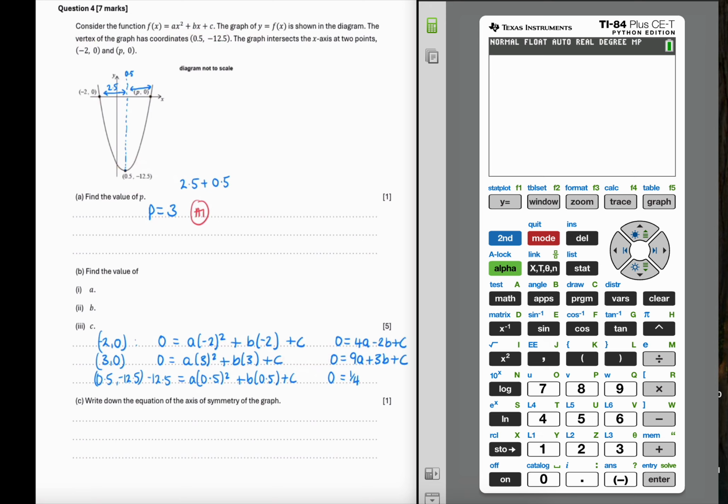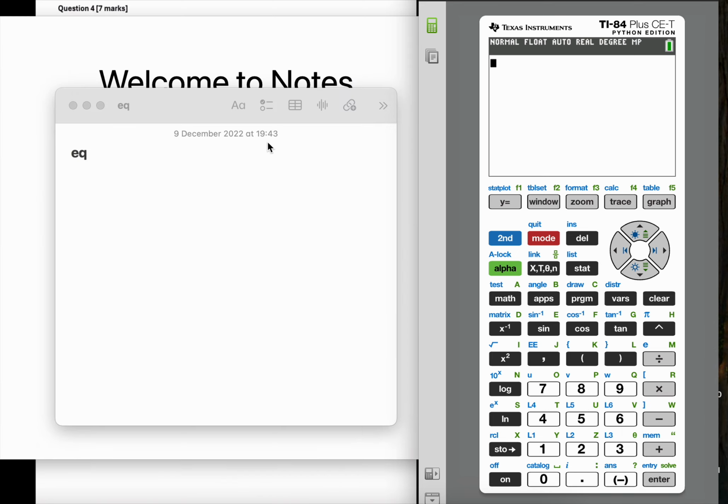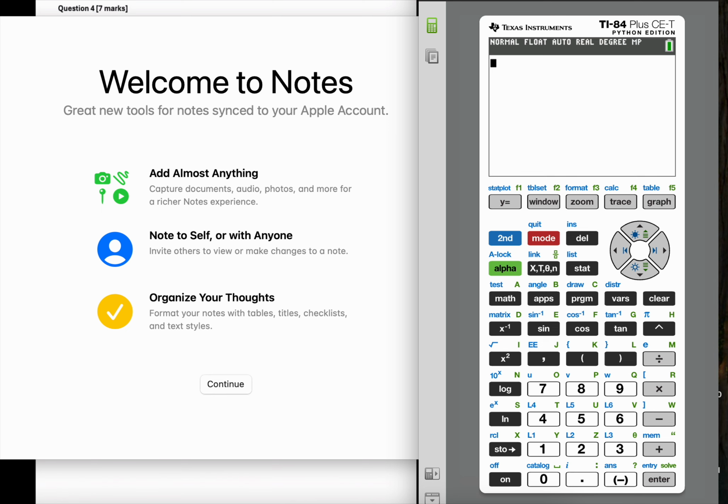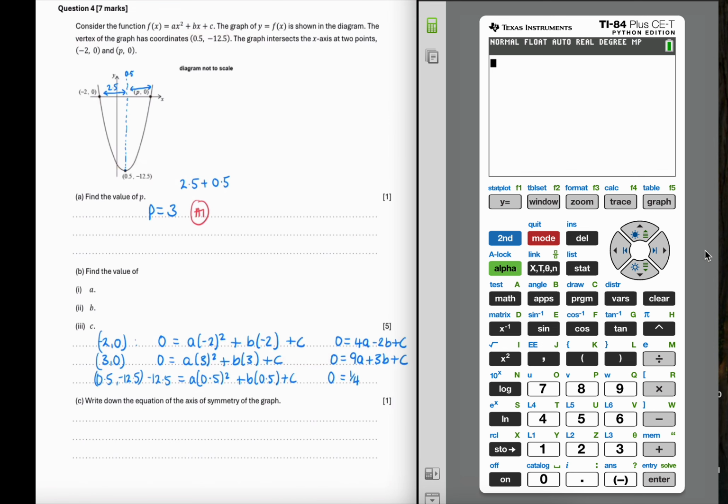And if you weren't sure, you could actually just type that into your calculator. So you can just have 0.5 squared, and you can see there it's 1/4 of a plus 1/2 of b plus c. And that is equal to negative 12.5.